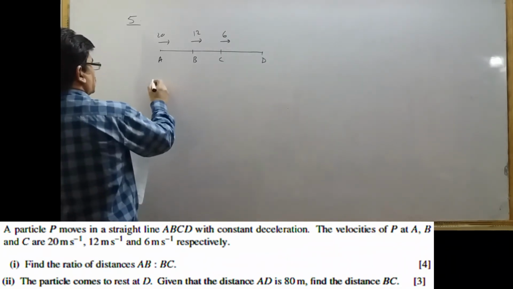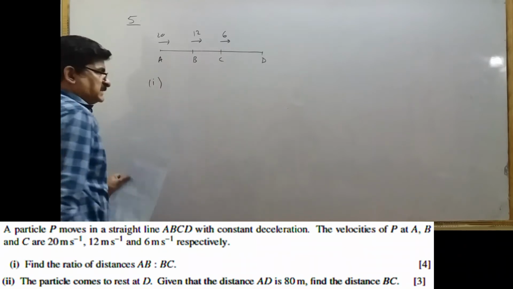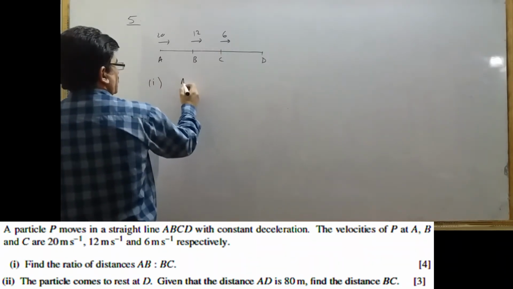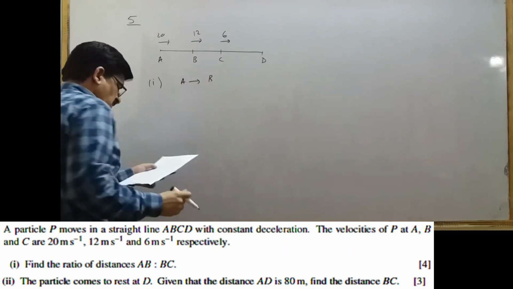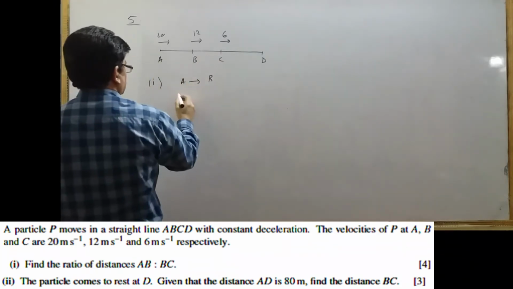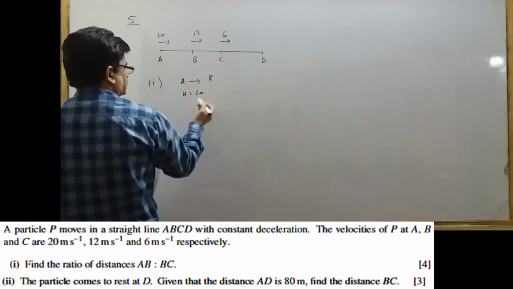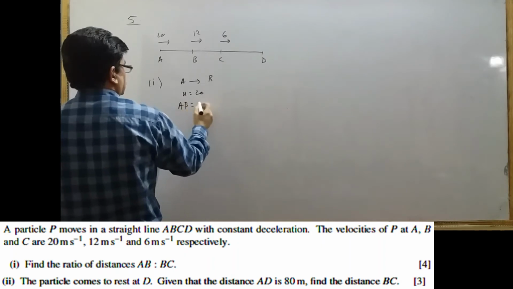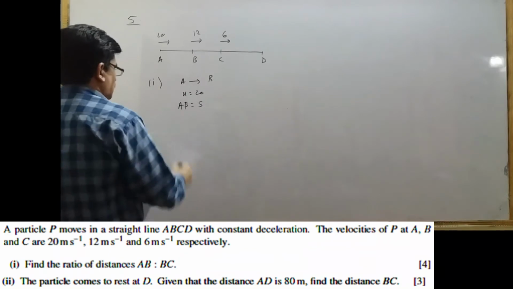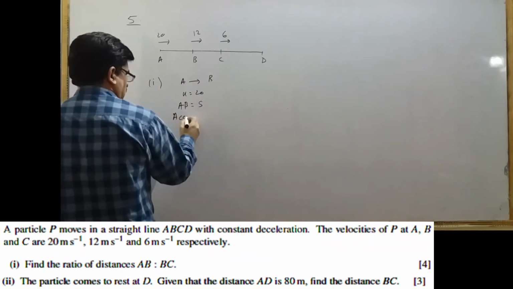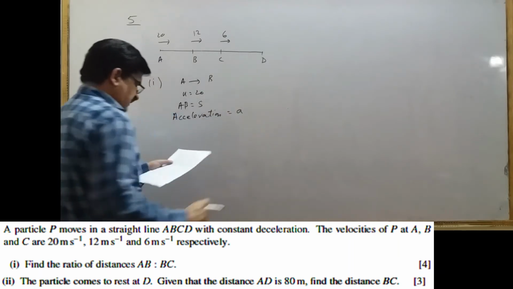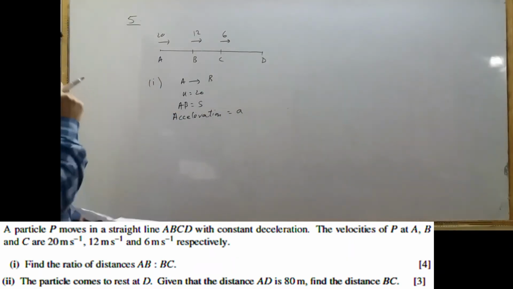In the first part, now you are asked to find the ratio of distances. Now from A to B motion, we have AB and BC distances involved. For A to B motion, now what you have? You have distance AB, say s. We don't know. You have initial velocity 20. Acceleration is also unknown. But he is saying that you need a ratio AB and BC.